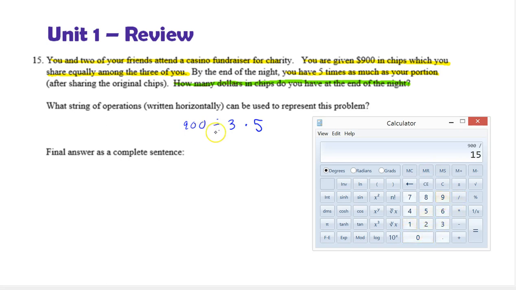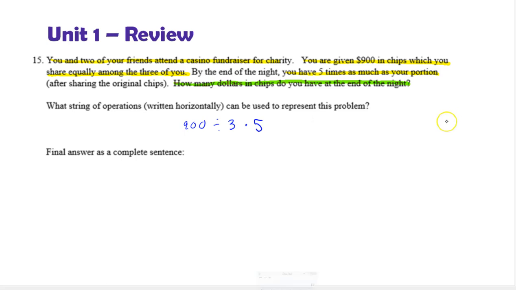Well, that's like you're sharing the $900 with 15 people instead of 3. The result would be 60, which is incorrect. So our final answer is we found that it was $1,500 at the end of the night.